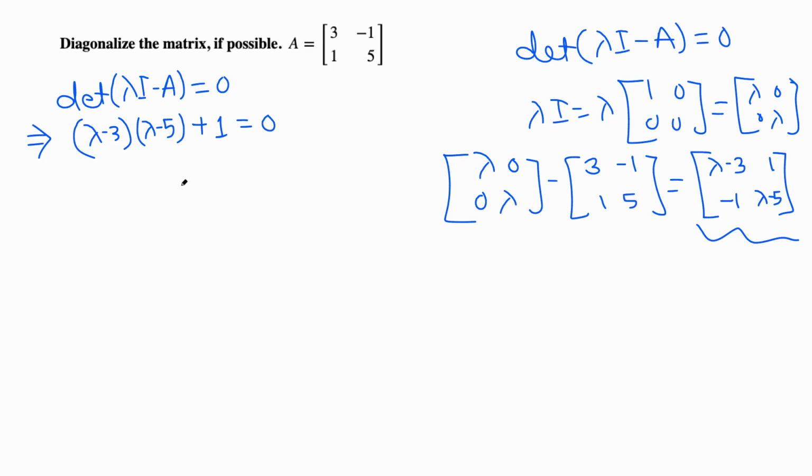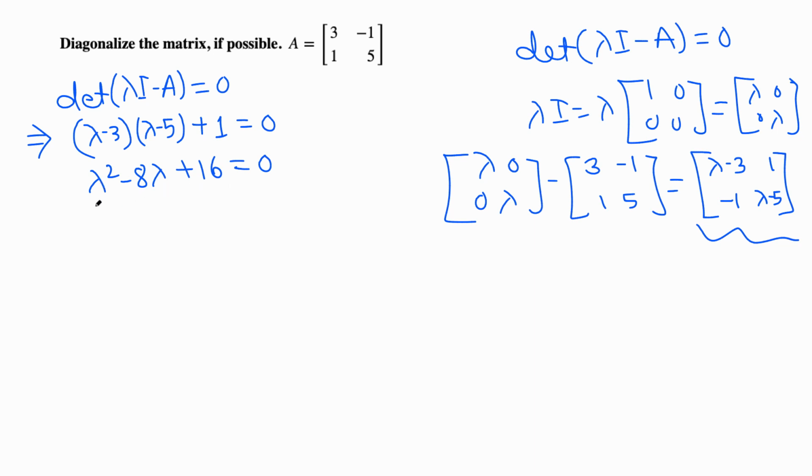Without the plus 1, lambda would be 3 and 5, but there's a plus 1, so we need to multiply. Lambda squared minus 5 lambda minus 3 lambda is minus 8 lambda, negative 3 times negative 5 is positive 15, plus 1 is 16, equals 0.